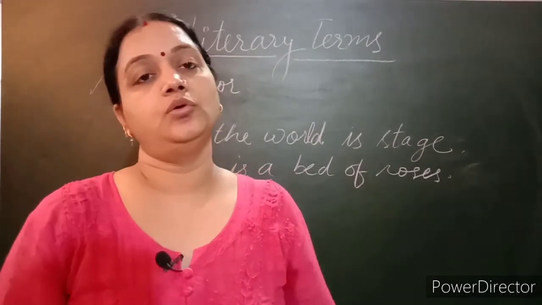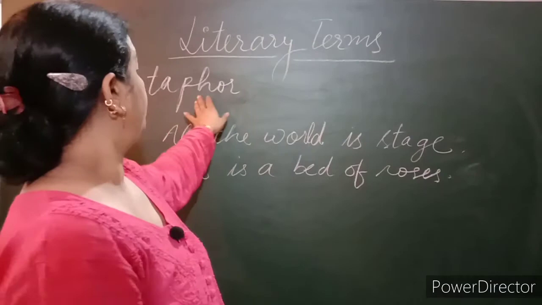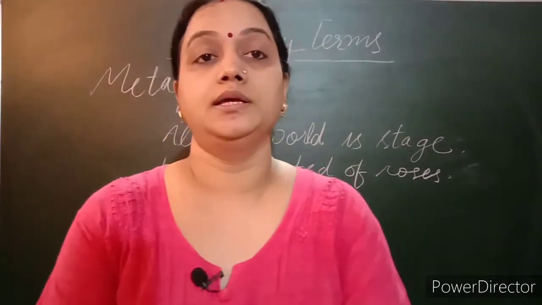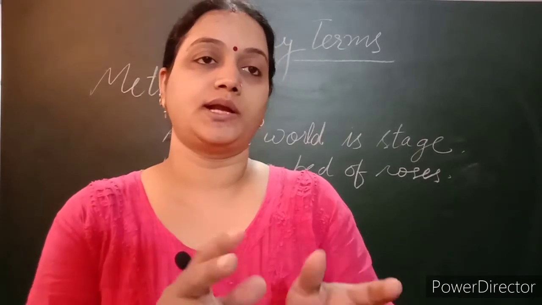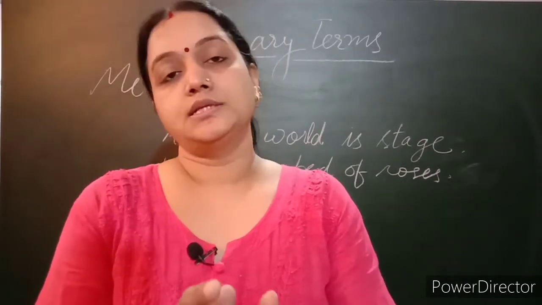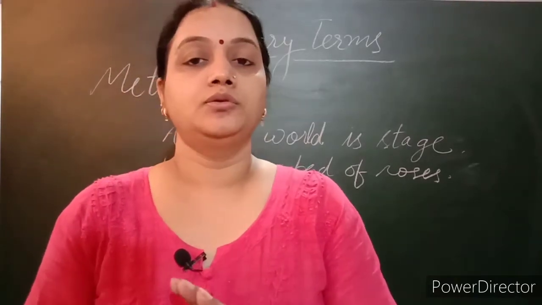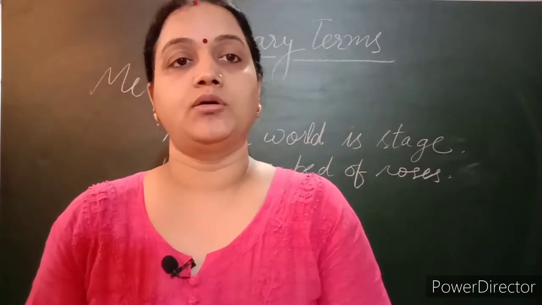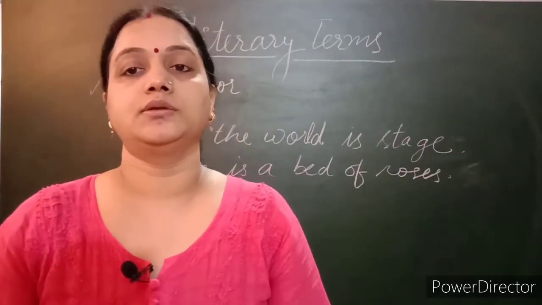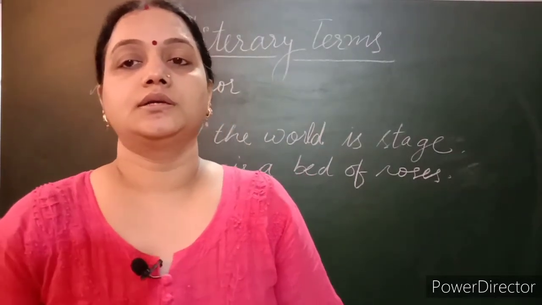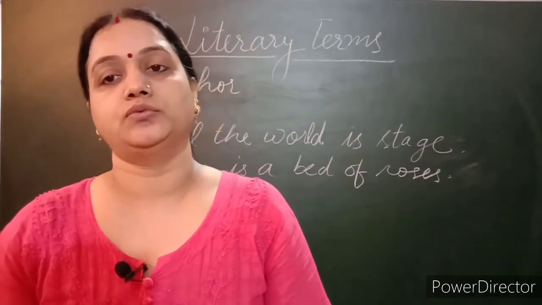Now we are going to know about the second figure of speech, that is metaphor. Metaphor is a direct simile, a figure of speech that is quite opposite of simile. In simile we use like or as, but in metaphor we do not use like or as, its meaning is hidden. Metaphor is a comparison or analogy stated in such a way as to imply that one object is another one.